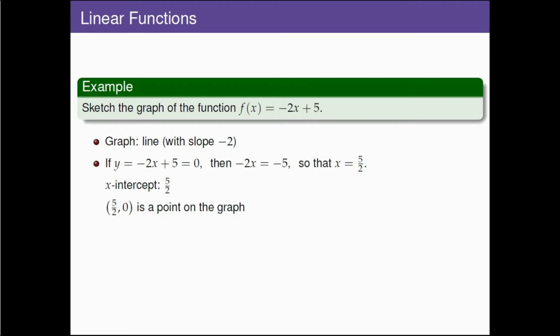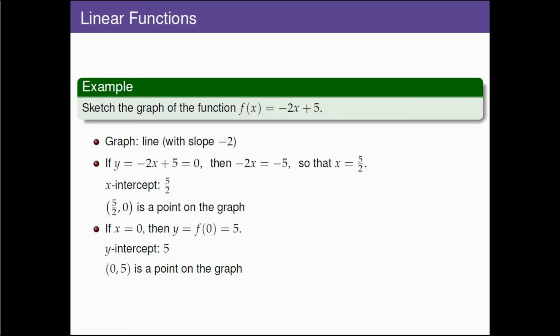This means that (5/2, 0) is a point on the graph. Now, if x equals 0, then y = f(0) = 5. So the y-intercept is 5, so that (0, 5) is a point on the graph.